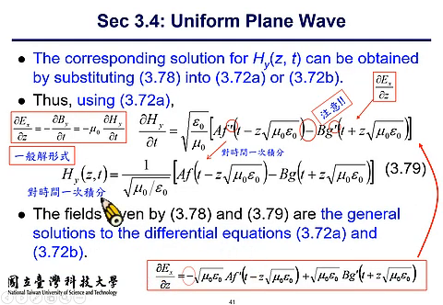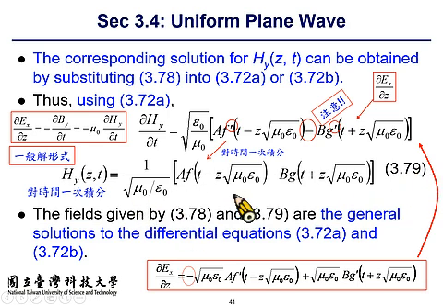In this slide, we derived the general expression for the magnetic field H, which can be done using this relationship. To derive H, we first need to perform a partial differentiation on Ex with respect to z, then perform integration with respect to t, a time integration, so that we get equation 3.79.